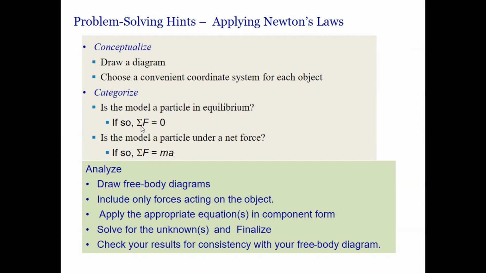If this is the case, then the sum of the forces is equal to 0, and we can have the components in the x direction, y direction and z direction. And if the model is a particle under a net force, then the sum of the forces is equal to mass times acceleration. And then we can solve this further to find out the velocities and the displacements.